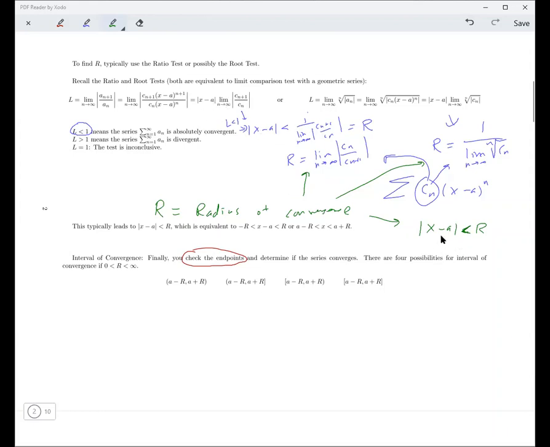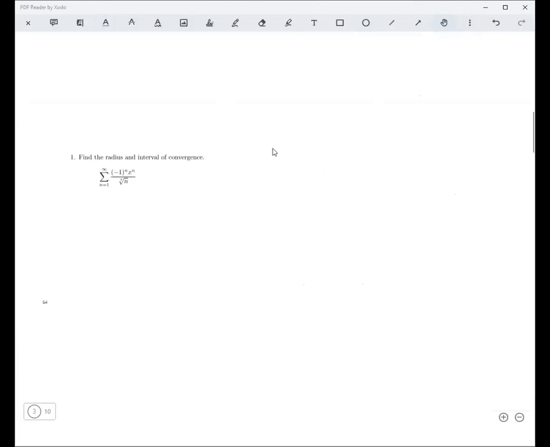And then, well, you find L this way, and then you make this less than 1, and then you isolate this on the left-hand side, and then this over here, whatever this right here is going to be, is the radius of convergence. Okay, so let's do some examples before we get too caught up in this.